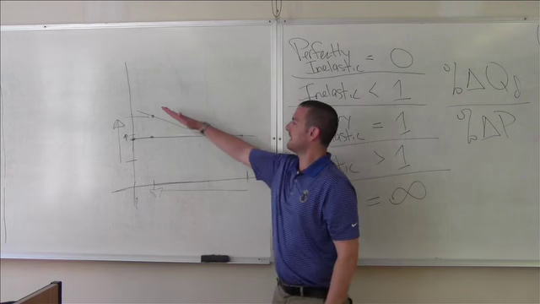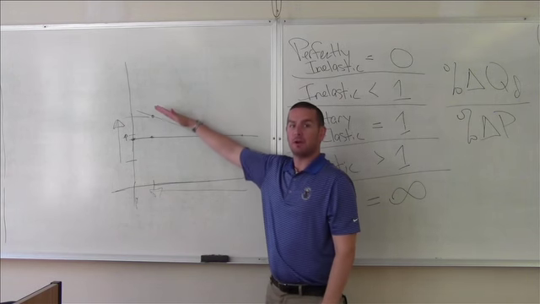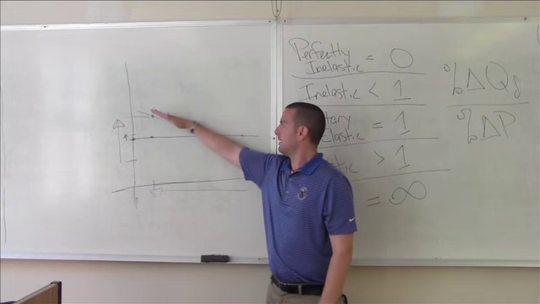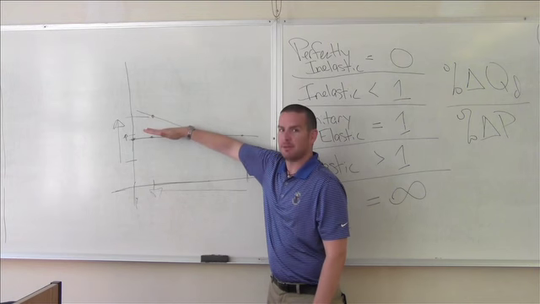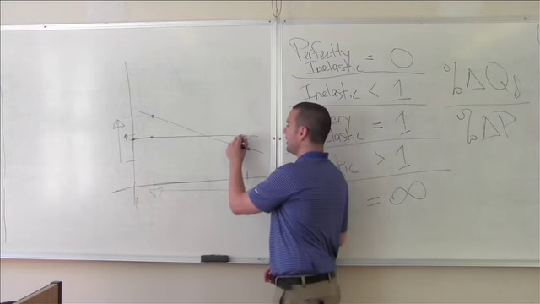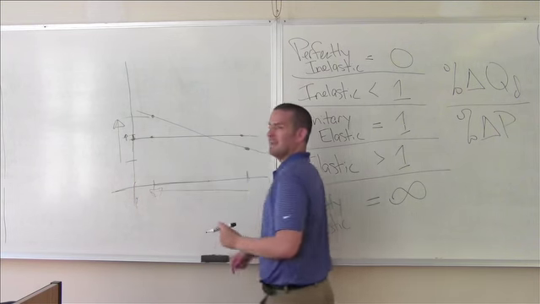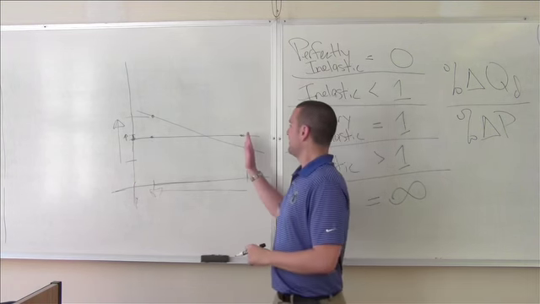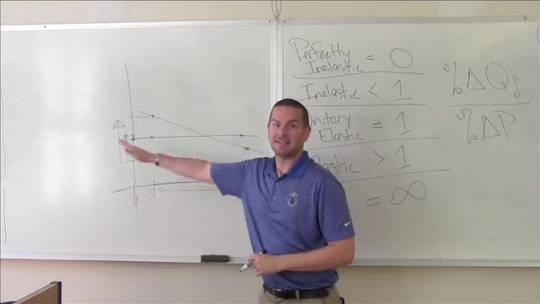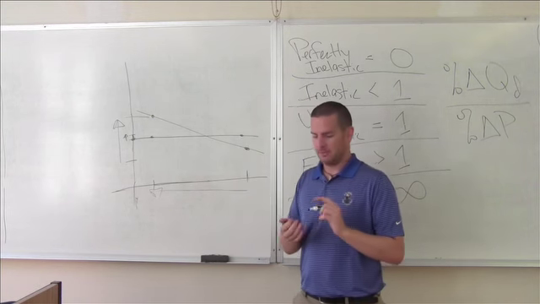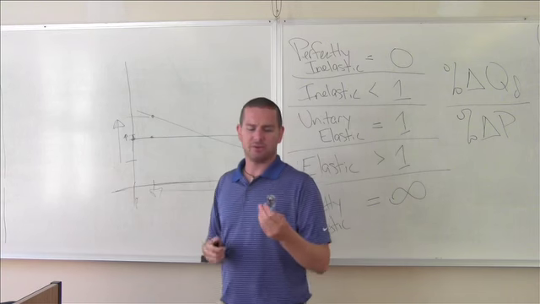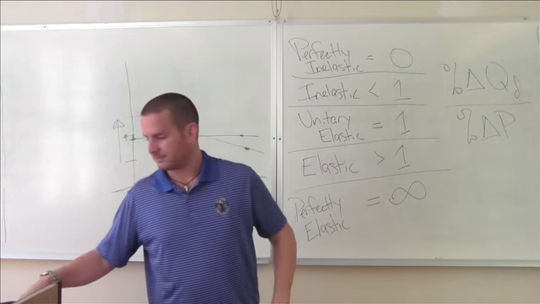That's an elastic demand. With perfectly elastic, if it just keeps going a little bit more, any change in price, even a minuscule change, makes demand go from infinity to zero. But again, just remember that's sort of a logical construct.